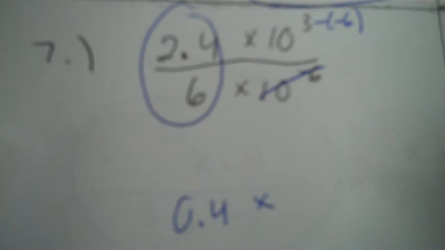Okay, now in division, we divide the 2.4 by the 6, which is 0.4. Then you cross out the 10 from the bottom and subtract negative 6 on top. That's the same as 3 plus 6, which is 9. Okay.